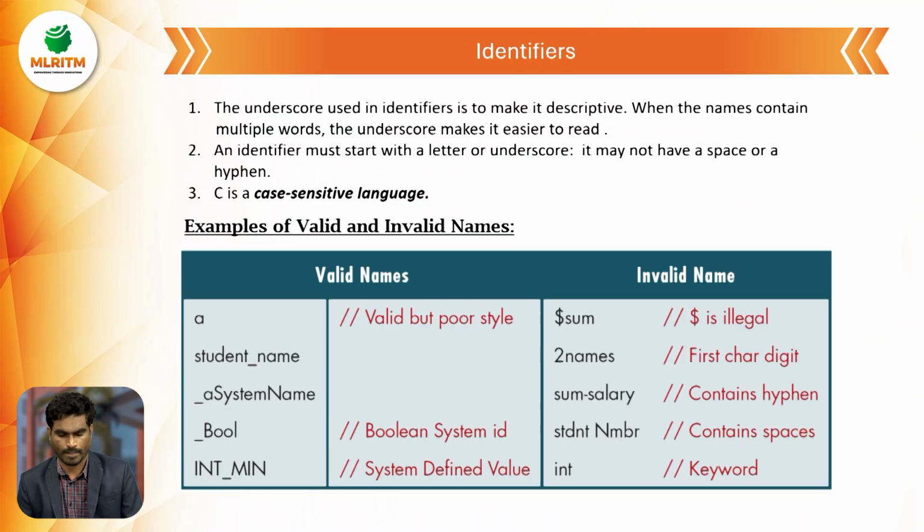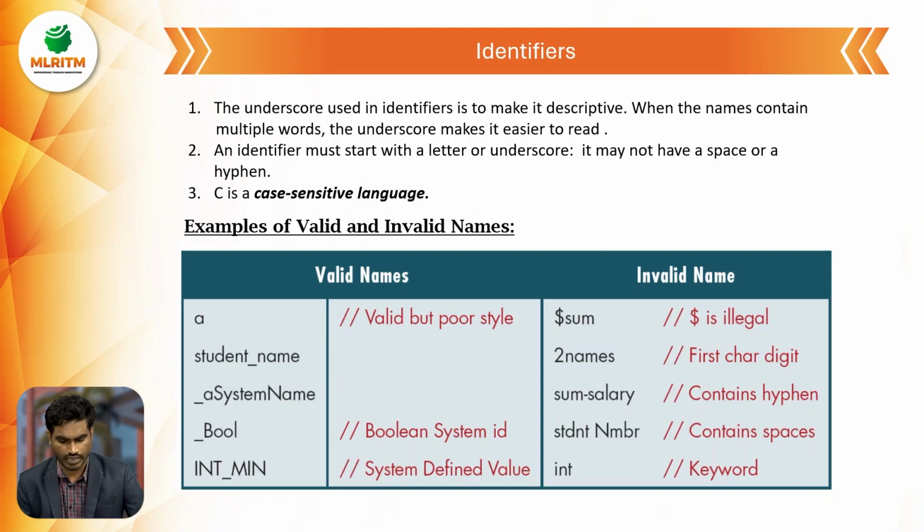Next, the underscore is used in identifiers to make them descriptive. For example, when the name contains multiple words, the underscore makes it easier to read. An identifier must start with a letter or underscore. It may not have any space or hyphen. Next, C is a case sensitive language.